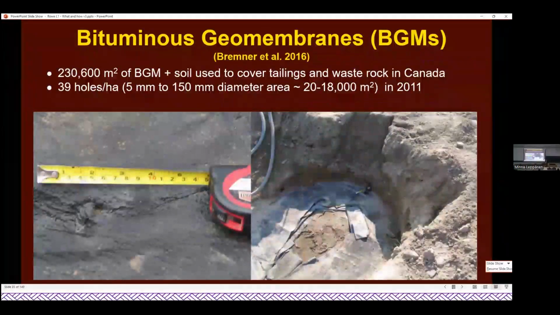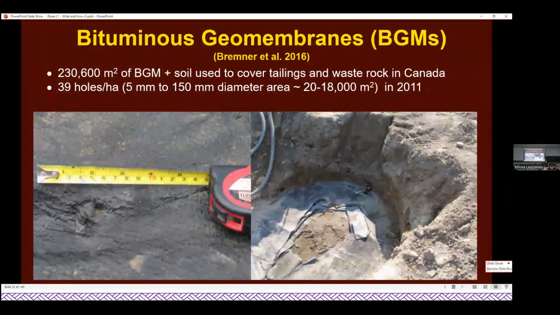And these are BGMs. This was a large mining application where BGMs were sold on the basis that you didn't have to worry about your subgrade, you didn't have to worry about what you would put on top of it. They were very robust. And the owner decided to do a leak location survey and found 39 holes per hectare, ranging in size from 5 to 150 millimeters in diameter.